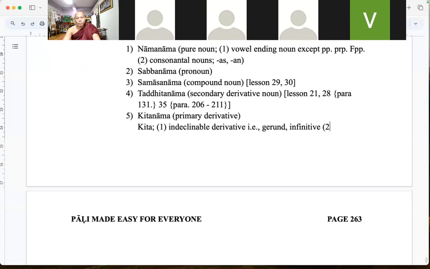And the second one is declinable derivative.